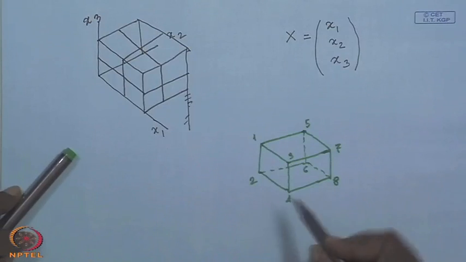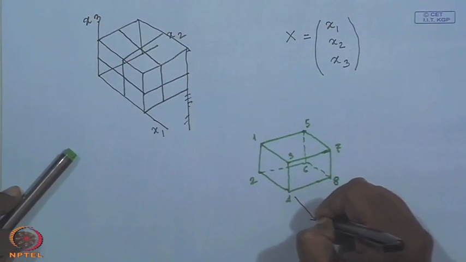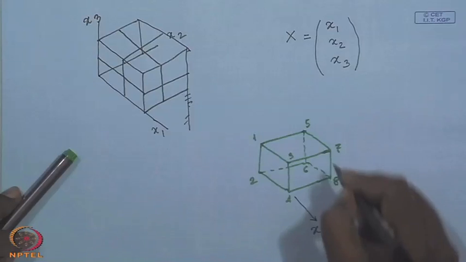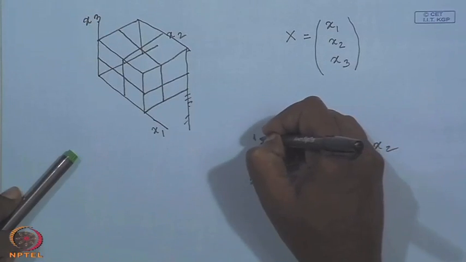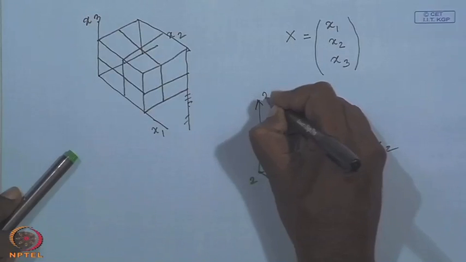So, if I say that this is my x axis or x 1 axis, this is the x 2 axis and this is x 3 axis.